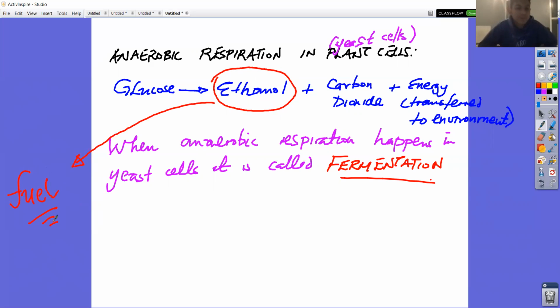Fuel. Of course. That's what we call fuel. Don't mistake fuel and use the word petrol. Petrol is a type of fuel. Gasoline is a type of fuel. Okay, so ethanol is a fuel, and you have certain cars in Brazil which are powered by ethanol.